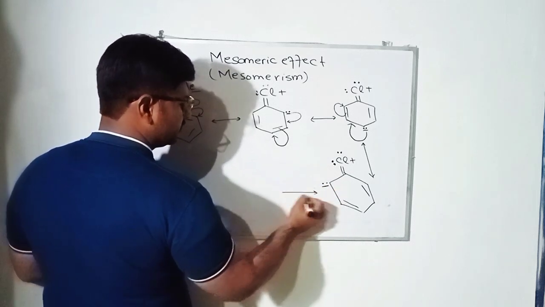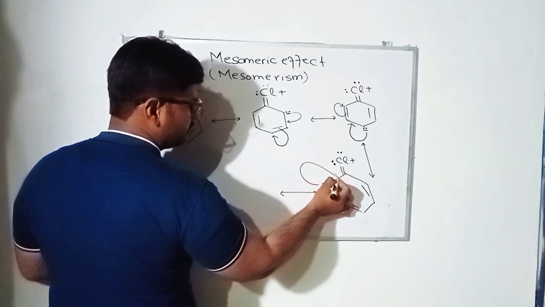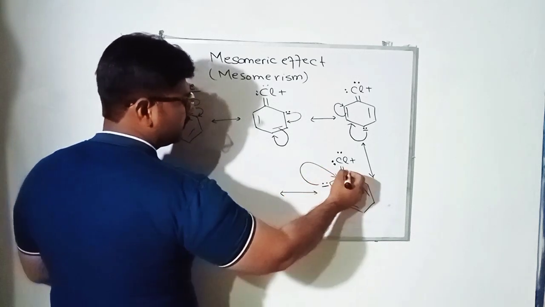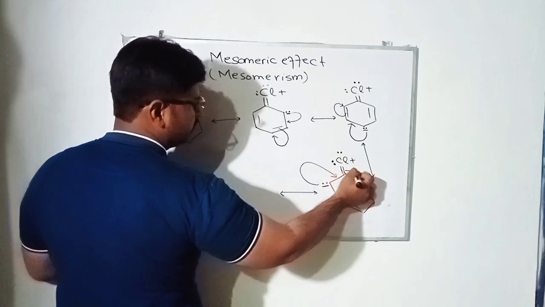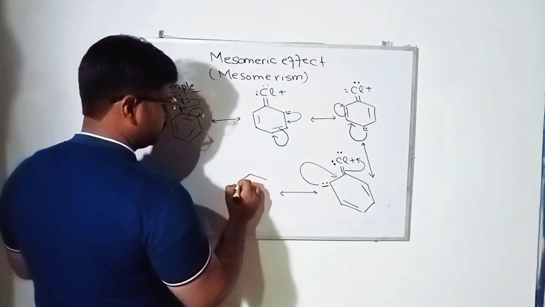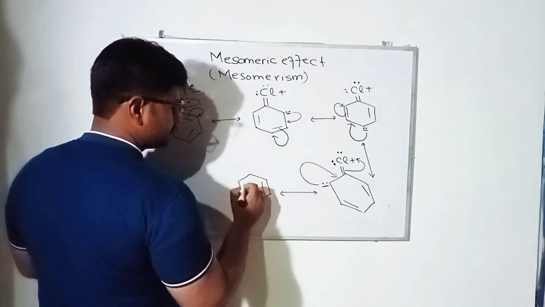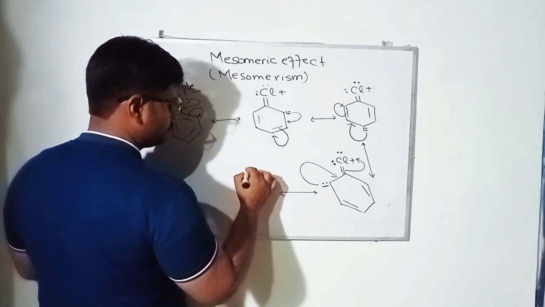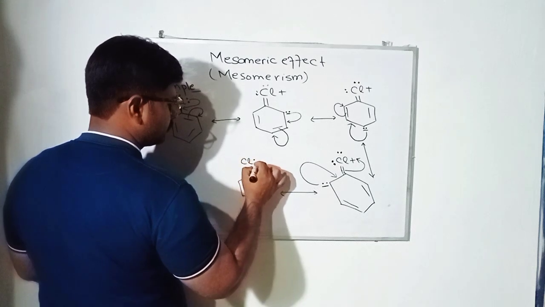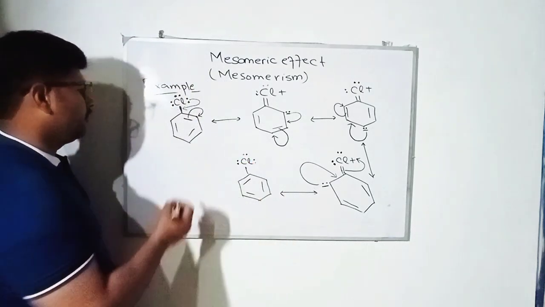Let's draw further. This lone pair of electrons will be shifted in between the next single bond, and this pi bond will be shifted back to the chlorine atom so that it may get a net charge of 0.